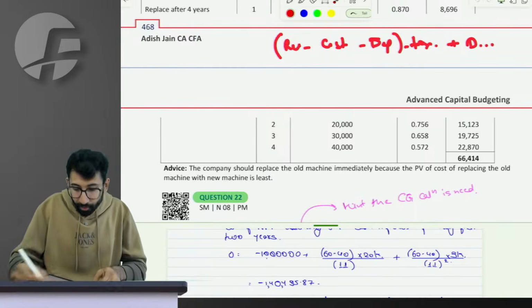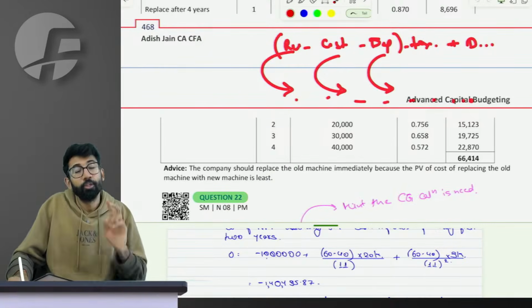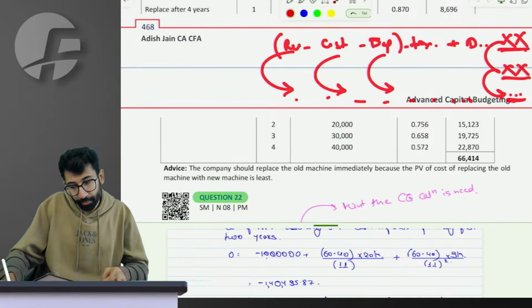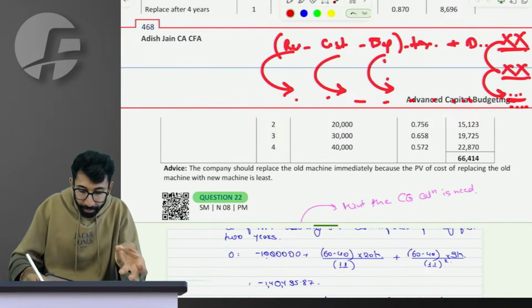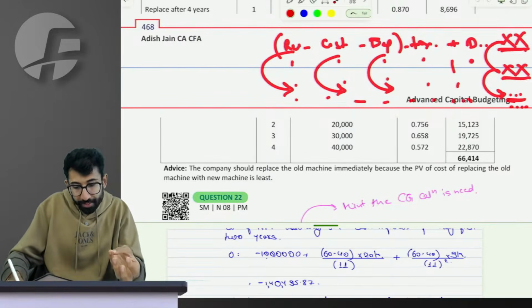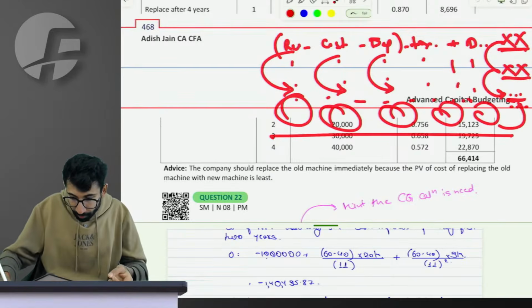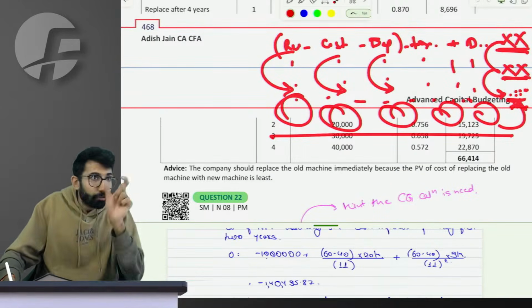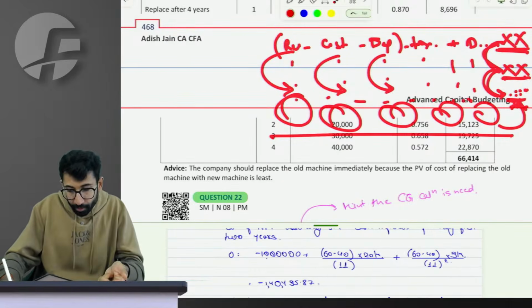So option 1 is find incremental revenue, incremental cost, incremental depreciation. Option 2, find CFAT of this option, CFAT of this option, and ultimately calculate incremental CFAT. In the previous question, we calculated incremental depreciation, incremental cost, revenue, tax, etc. So everything was incremental. Using all this incremental, I finally calculated incremental CFAT. Option 2, find the CFAT of both the alternatives and ultimately calculate the incremental CFATs.